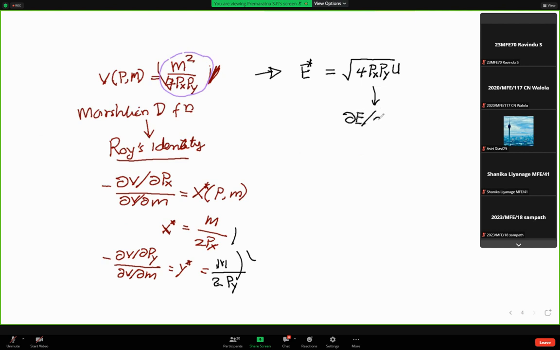We differentiate with respect to px and you get another equation that I call x hat. There you get a function of prices and u. That function we call the Hicksian demand function, or by another name, the compensated demand function.